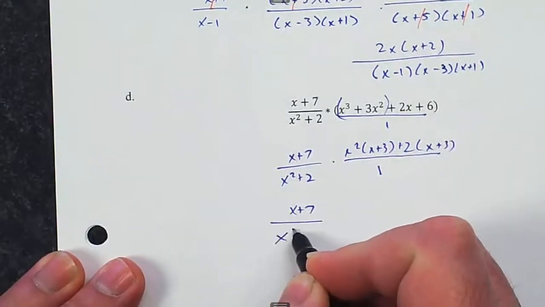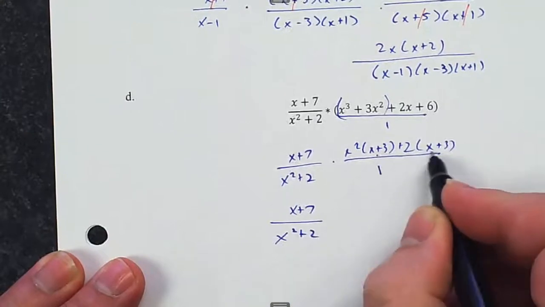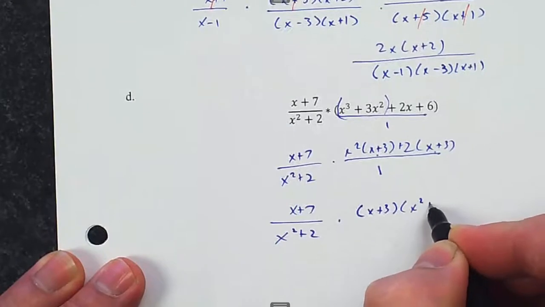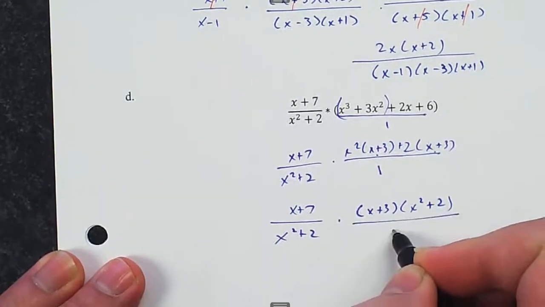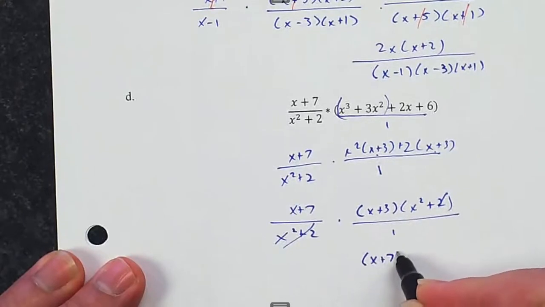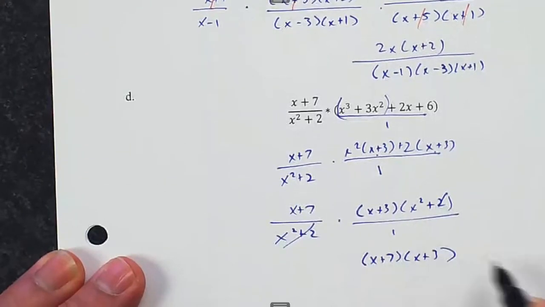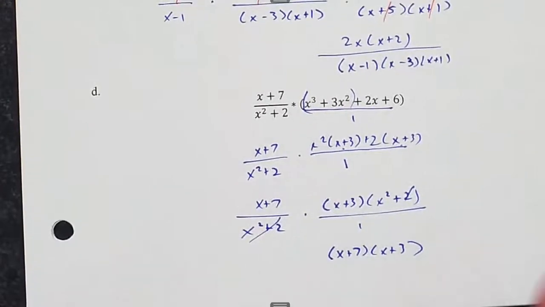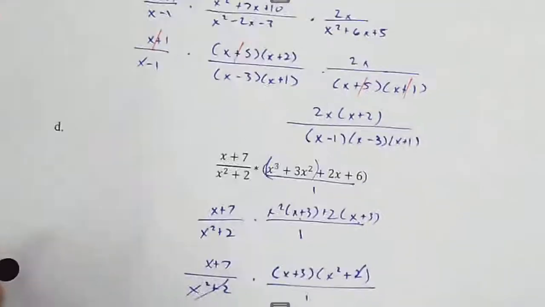And when I factor out an x plus 3 out of each group, we're left with a nice matching x squared plus 2. So those go away, and I'm left with just x plus 7 times x plus 3. And again, we're not going to multiply that out because typically we prefer it like that in these situations. And it's less work, so we're not going to do it.